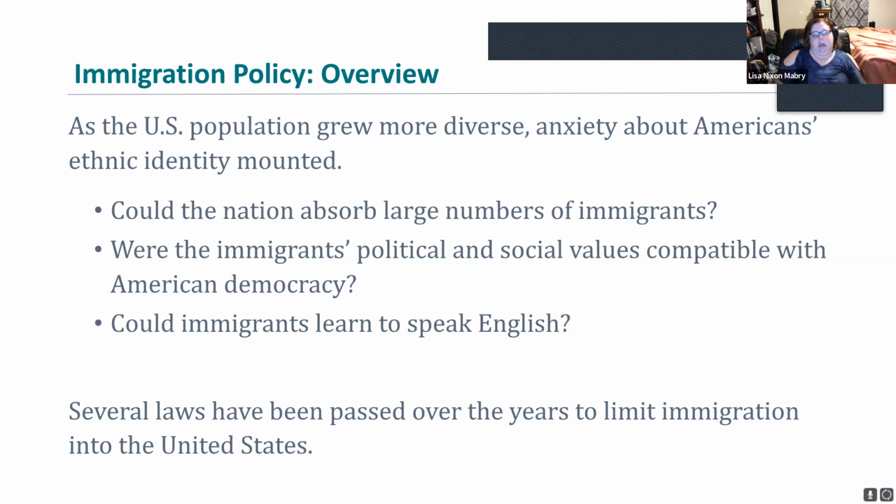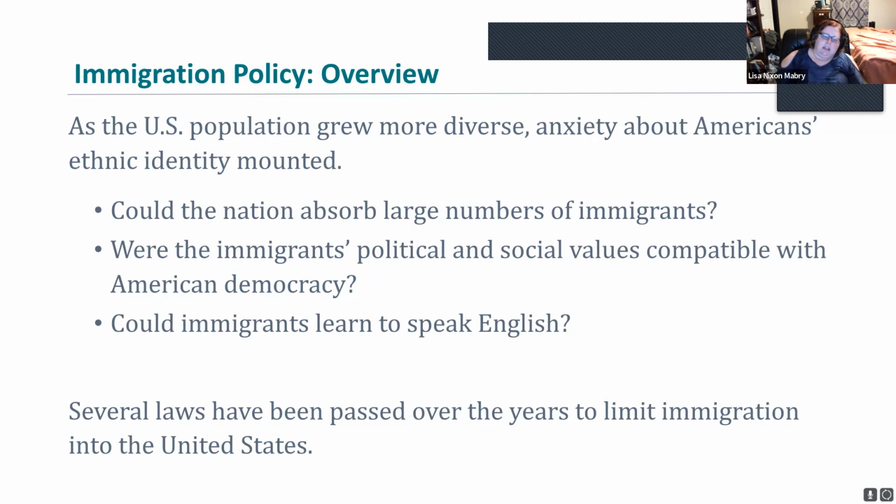As we grew, a lot of anxiety about our ethnic identity started to grow. Could we take in a lot of immigrants? Could we assimilate them? Could we blend with them? Could we meld well? Were their political and social values compatible with what we were building as an American democracy?